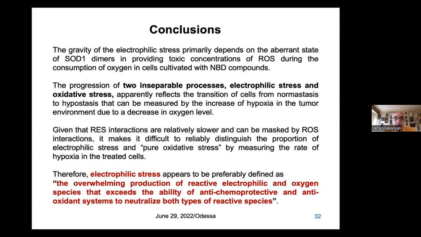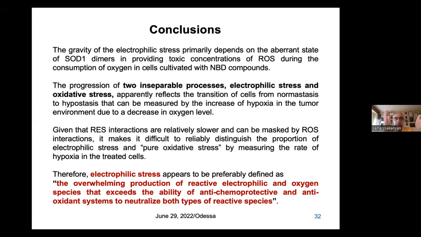And what is important for the definition of electrophilic stress is that I can say it is the overwhelming production of reactive electrophilic and oxygen species that exceeds the ability of the chemoprotective and antioxidant systems to neutralize both types of reactive species. At the moment, it is impossible to directly distinguish whether there is electrophilic stress or oxygen species.